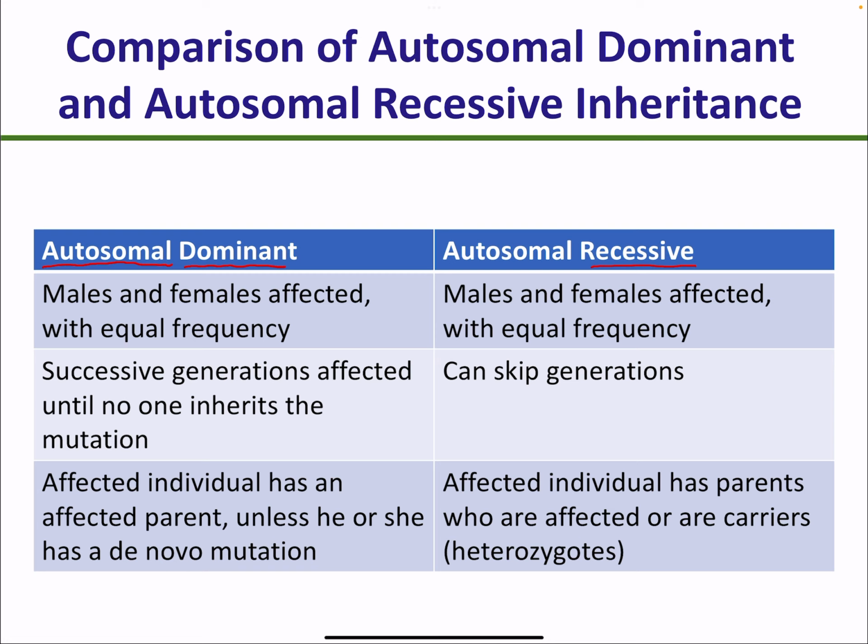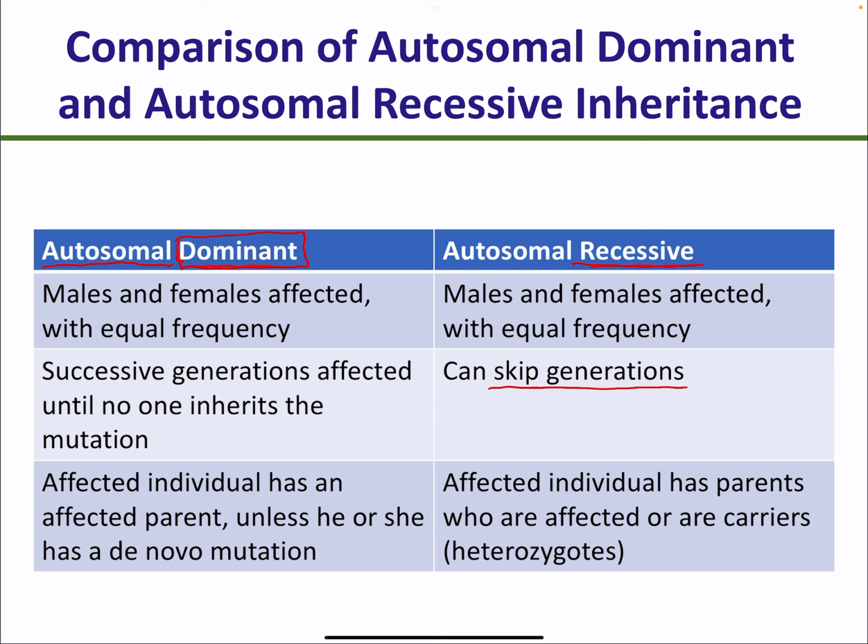Now, with that being said, for dominant alleles, every single generation has a high likelihood to develop the defect. While for the recessive disorders, there is a possibility that one generation can be skipped. That is a very important aspect to understand when it comes to the mode of inheritance.